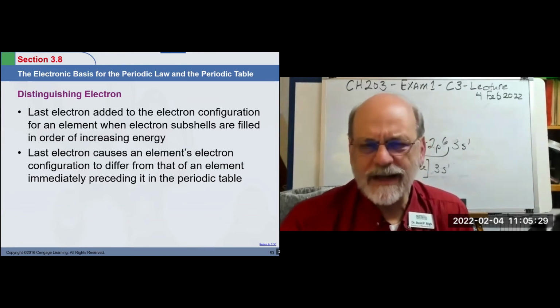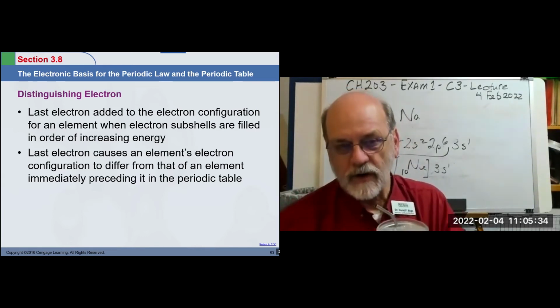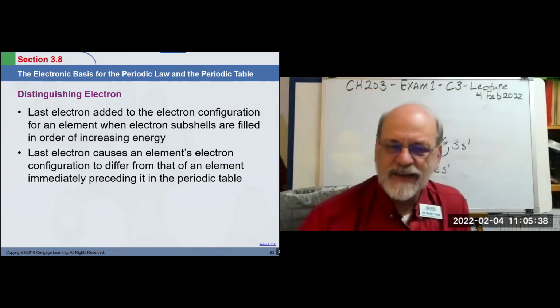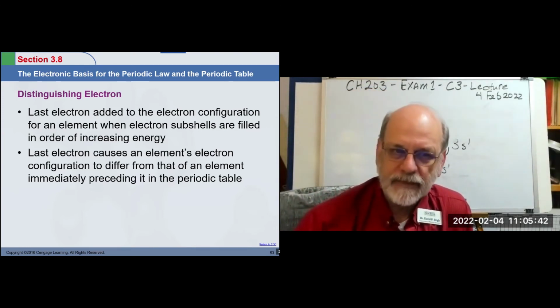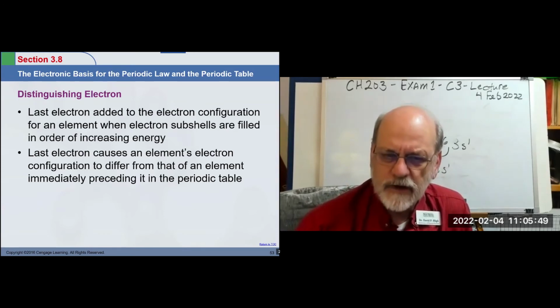The distinguishing electron, I'm not sure where this is going, but your book mentions it, so I put it in here. The distinguishing electron is the last electron added to the configuration for an element. The last electron causes an element's electron configuration to differ from that of an element immediately preceding it.